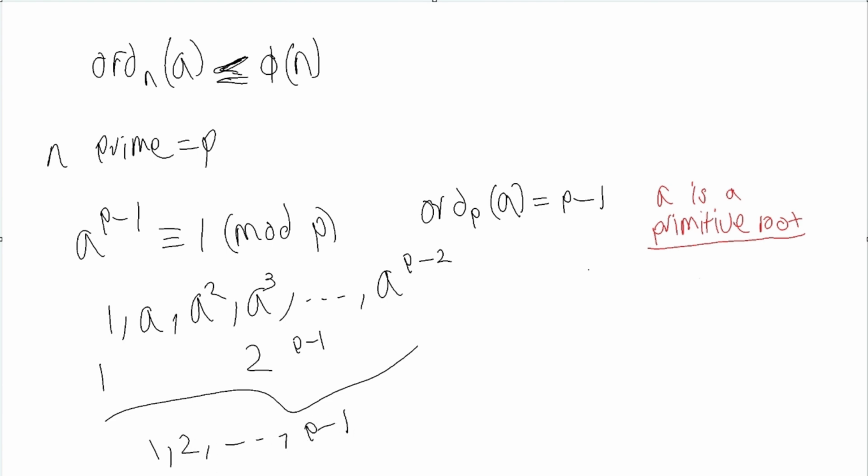This is especially powerful because that means that for every single c, and we have a primitive root a, there exists a number k such that a to the k is equivalent to c mod p. And for this reason, because a in a way generates all of these 1 through p minus 1 residue classes, this is also known as a generator.